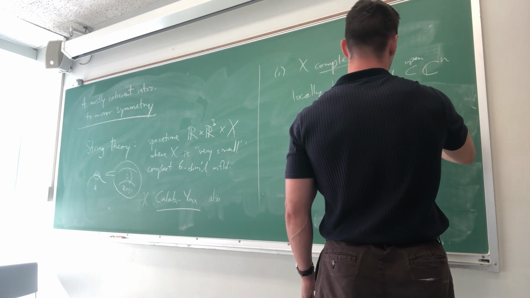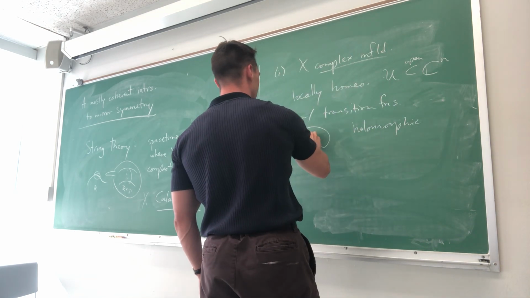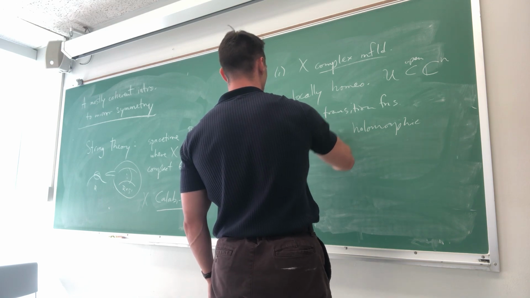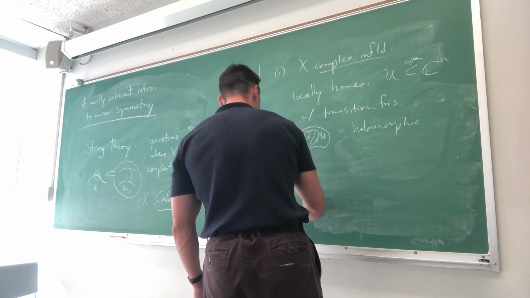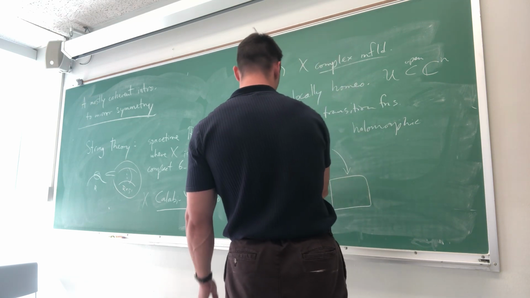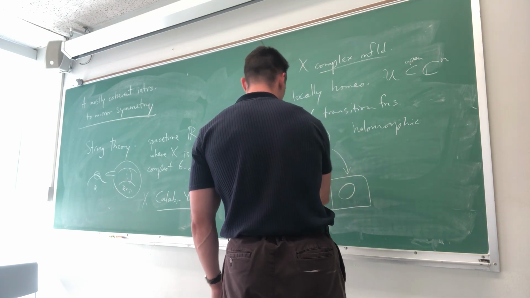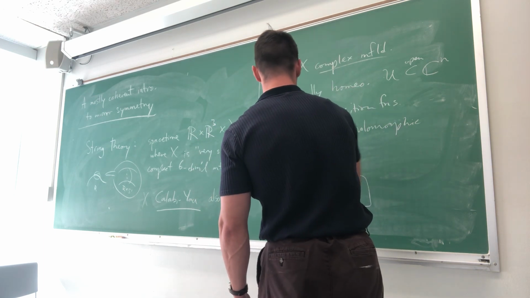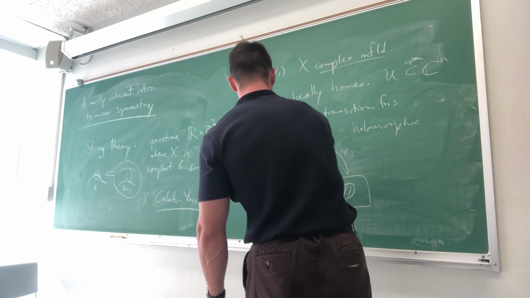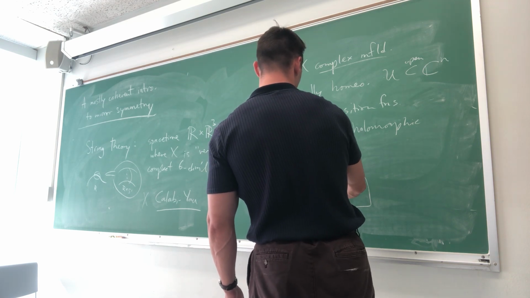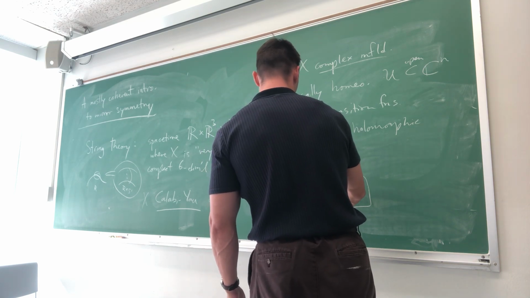So if you haven't seen this before, what we're looking for is, here's some X. For every point, you can find what we call a coordinate neighborhood. And the idea is that if you choose different coordinate representations, like phi_1 and phi_2, then phi_2 composed with phi_1 inverse should be holomorphic.